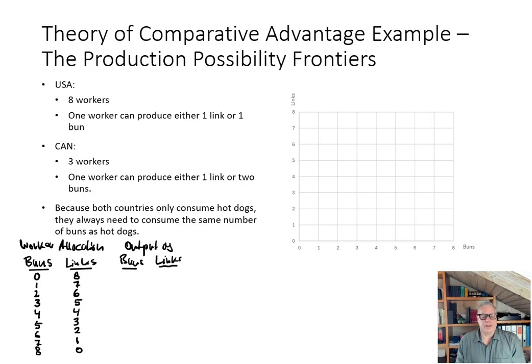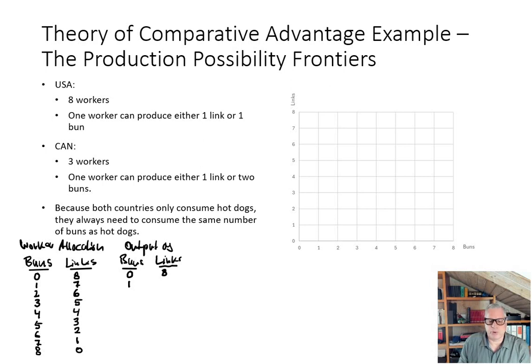Okay, well, if no worker is allocated towards the production of buns, how many buns can I produce? Well, obviously 0. And if 8 workers are allocated towards the production of sausages or brats or links, and 1 worker can produce 1 link, well, then I can produce 8. And the other option is if I allocate 1 worker towards the production of buns and 1 worker produces 1 bun, well, I can generate 1 bun.